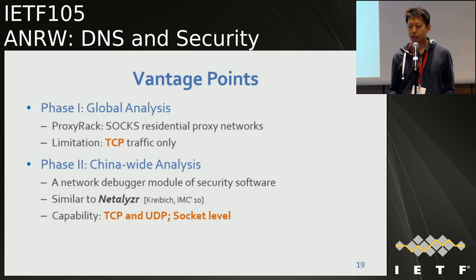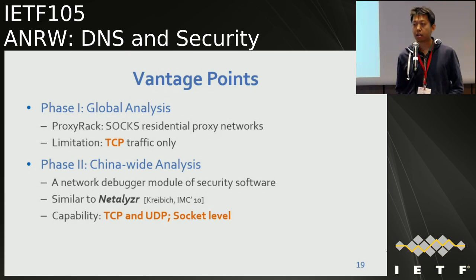The first comes from ProxyRack, which is a residential proxy network. As a customer, you can buy its services, and it's a peer-to-peer proxy network. You send your request to its gateway, and the gateway finds a peer in its pool and lets the peer redirect your request to some other place. So we can leverage a large number of IPs for this measurement study.